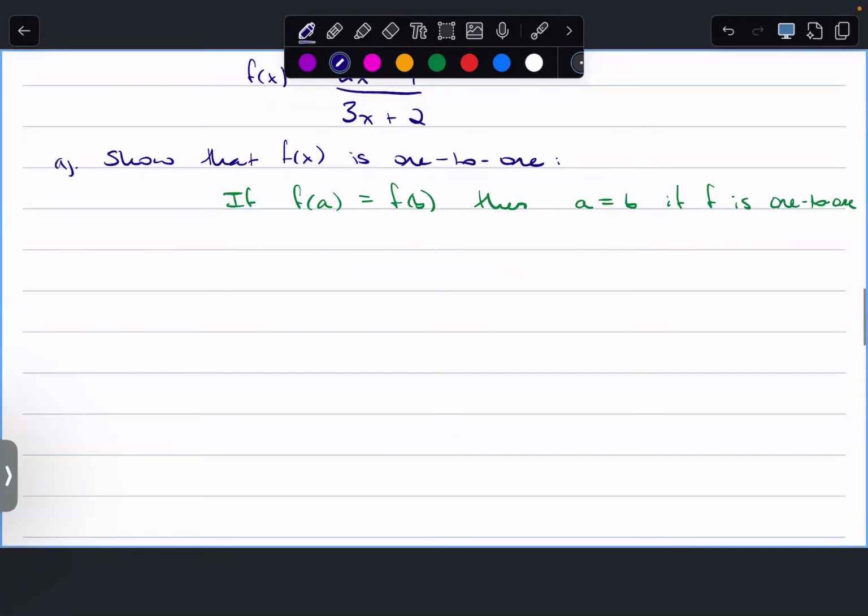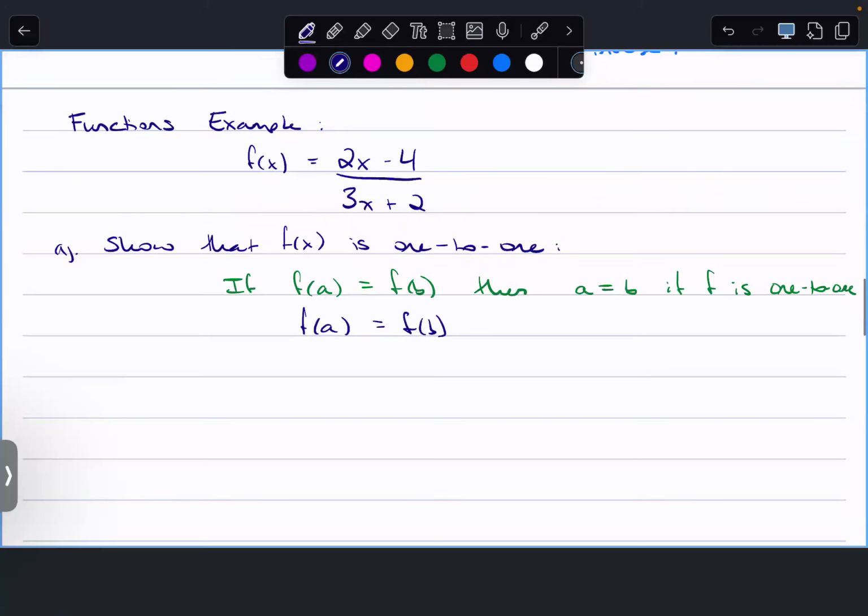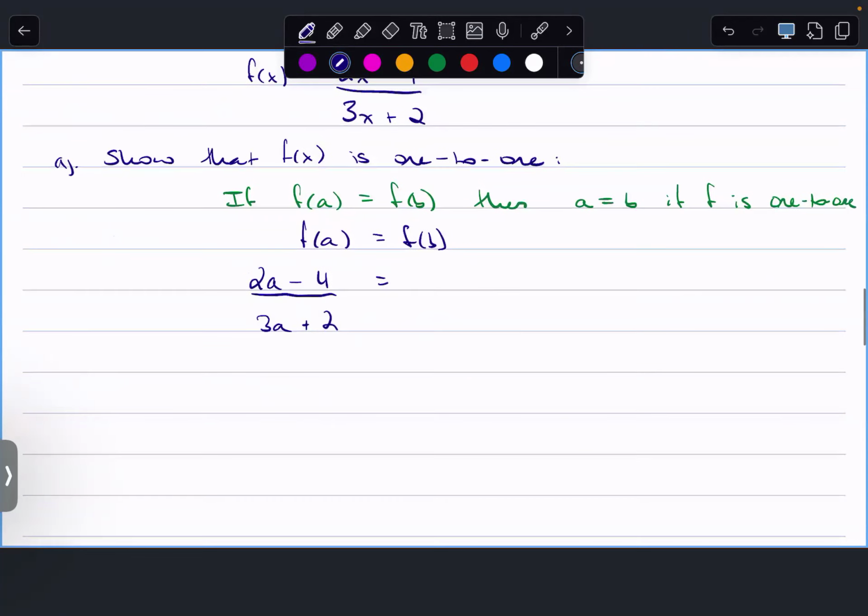So we'll start with f of a is equal to f of b. f of x is 2x minus 4 over 3x plus 2. So f of a is 2a minus 4 over 3a plus 2. f of b is the same, but with b's: 2b minus 4 over 3b plus 2.